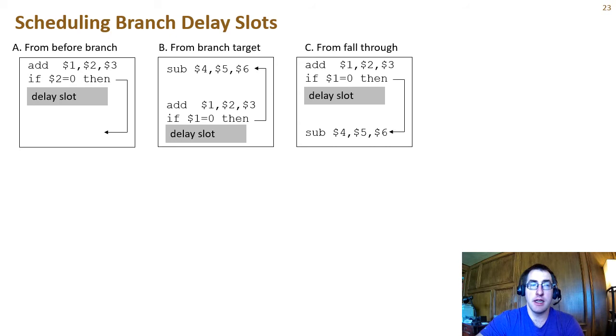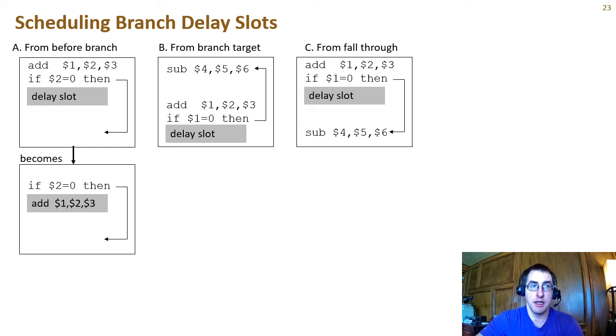Since the result of the add going into $1 is not a dependency with the branch condition, we can slide that add into the delay slot. And because none of the operands, $2 and $3, are written to by the condition, this is safe to do. We're not changing the data dependencies of the program at all, so we can just slide that in there.